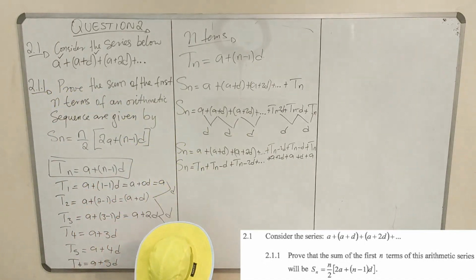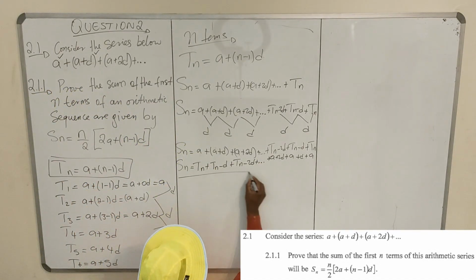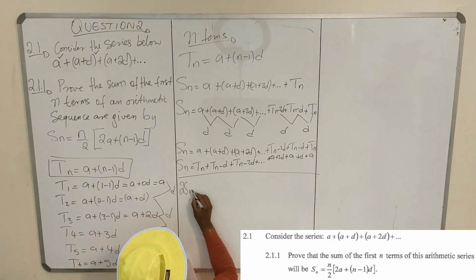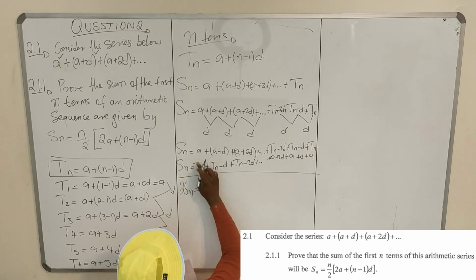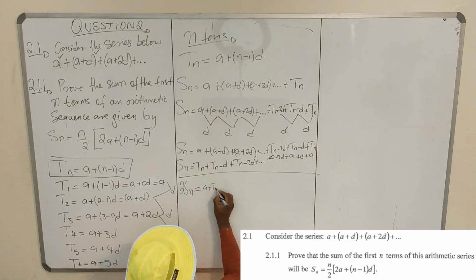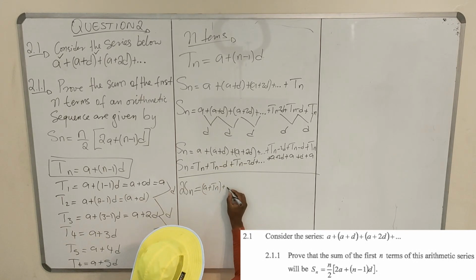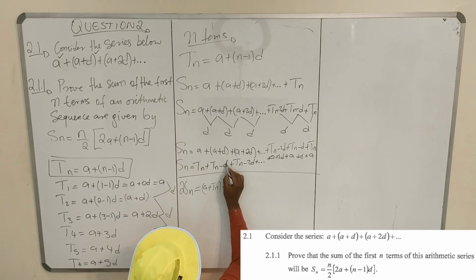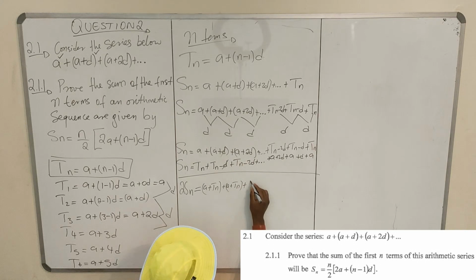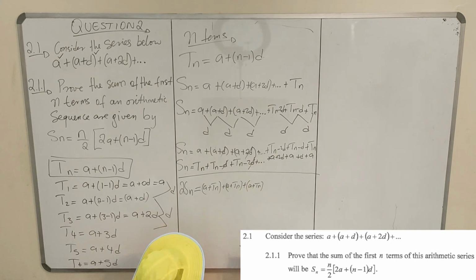So what do we do next? We add these two sums of ours. So Sn plus Sn is 2Sn, which is equal to A plus Tn for the first pair. Then the next pair is also A plus Tn, so these two cancel out the differences.